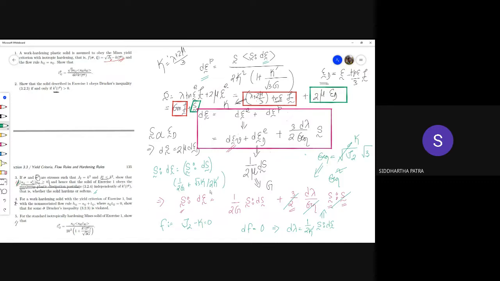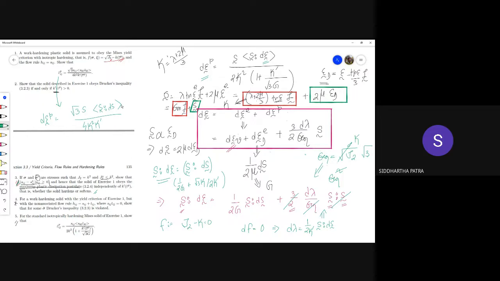And then substitute this expression into this expression right here, which is d epsilon p equals root 3 s times S inner product ds over 4 k squared k prime.